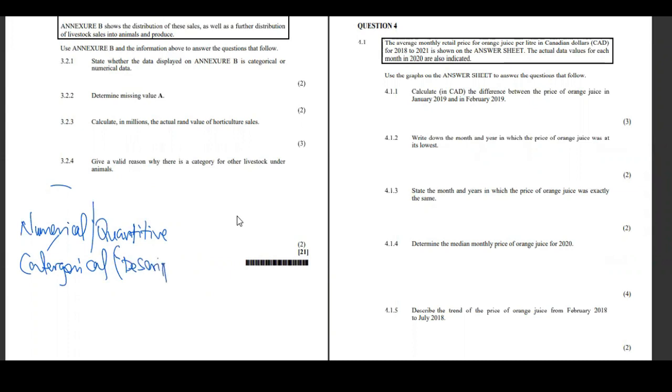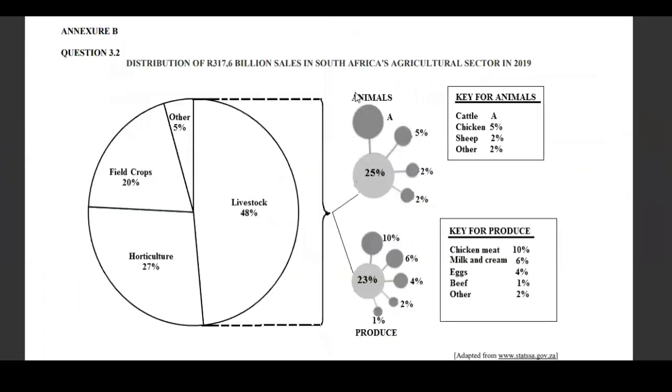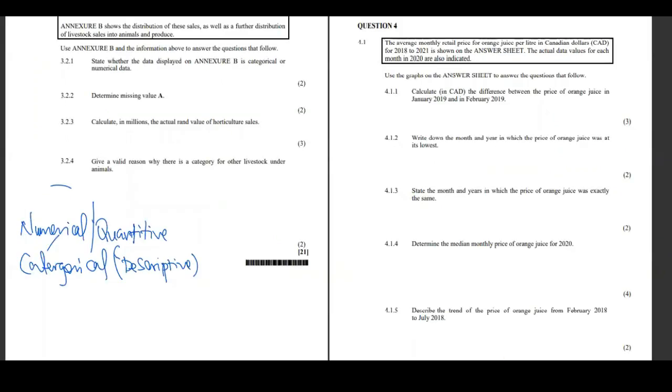It describes. Now the data that we have here is not descriptive. However much you have put some items into categories, this is not descriptive. So here we say it's numerical.